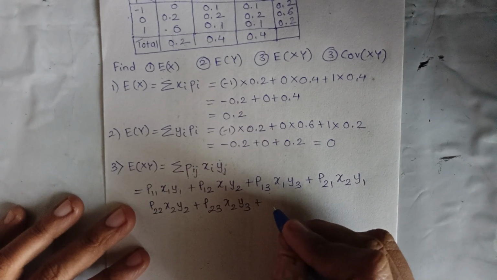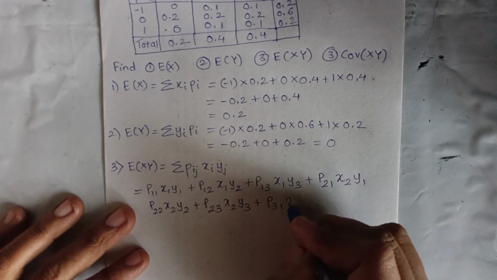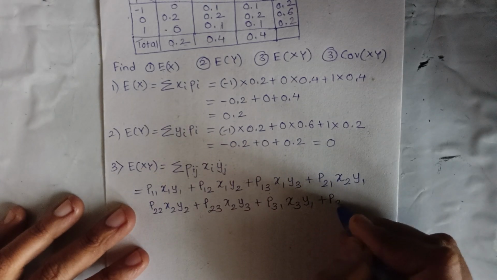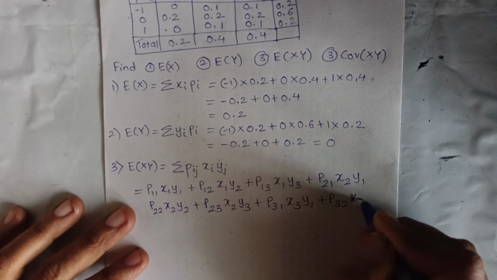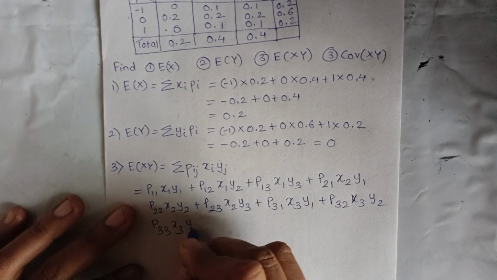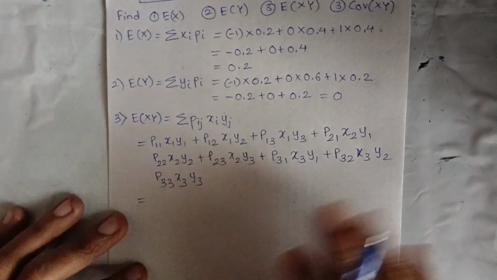Next is P of 3, 1, x3 y1. P of 3, 2, x3 y2. And P of 3, 3, x3 y3. Okay. Now look for the values.